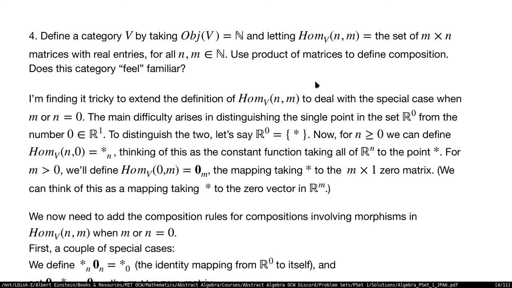But in the case where n is equal to 0, you're trying to define a linear map from a zero-dimensional vector space to something else, which for me is a little harder to interpret. So basically, I said it just sends that to the origin in whatever the target space is. You can't write that as a matrix, but you can certainly say that it takes that point to the 0 vector, wherever.